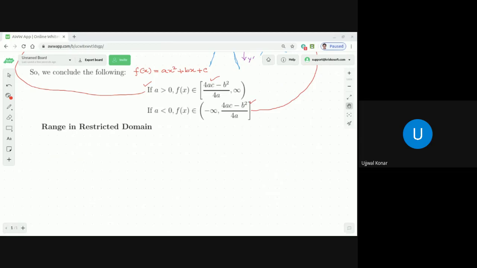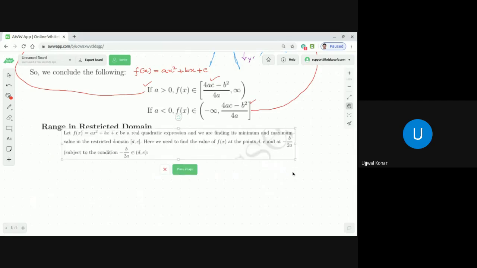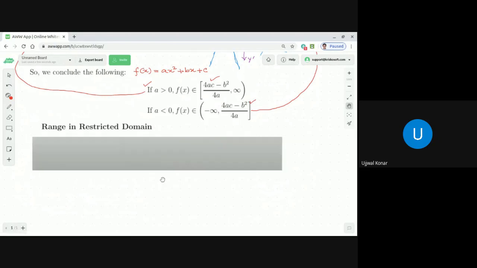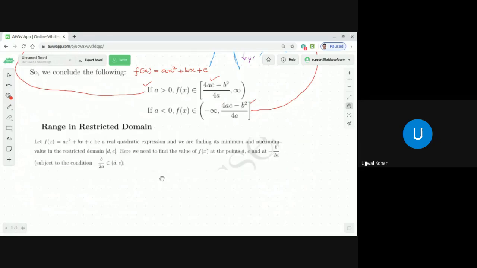So what we are going to do, dear students, is like this. So let me first keep the note here, followed by I'll explain. So let f(x) equal to ax square plus bx plus c, a real quadratic expression, and we are finding its minimum and maximum value in the restricted domain d comma e, that is a closed interval.